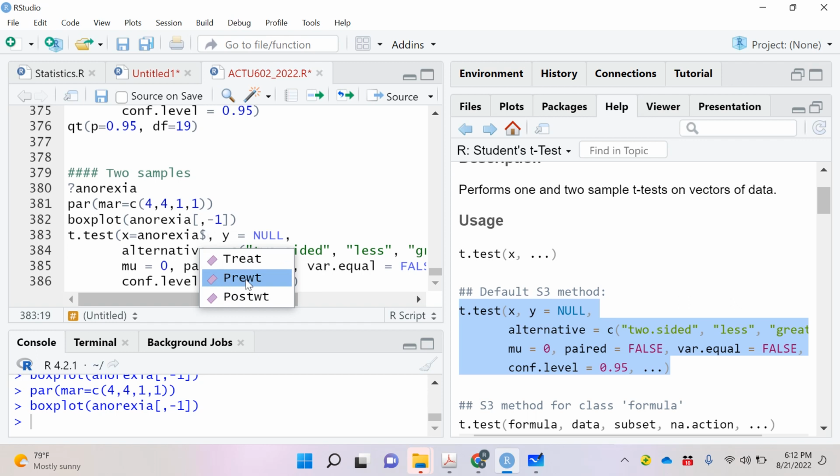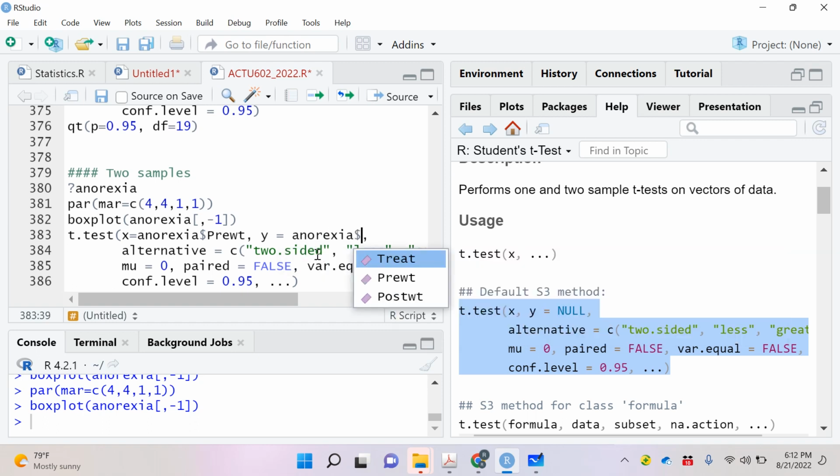It is pre-weight, right? And then y will be the after, so post-weight. The alternative, we said it should still be greater, right? Good. So we delete everything.